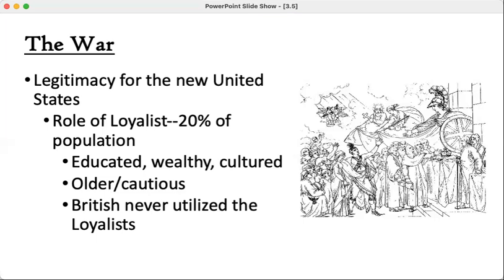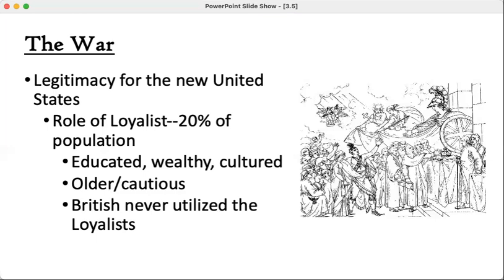A large group of people who will support the British Army will be slaves. Slaves were promised freedom if they helped. They didn't get it.